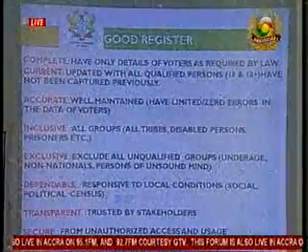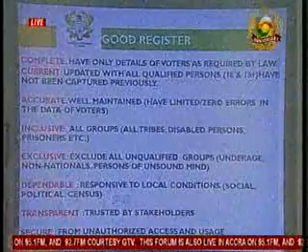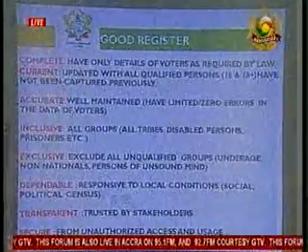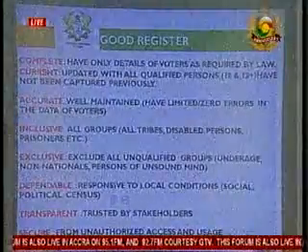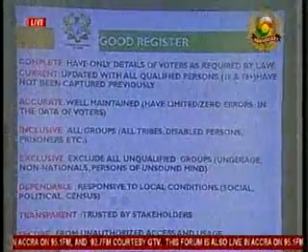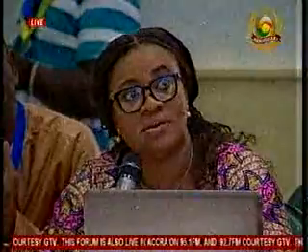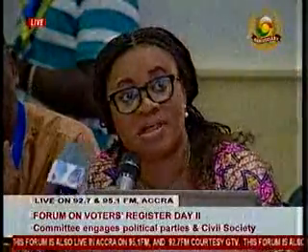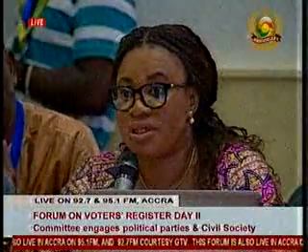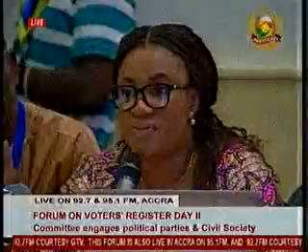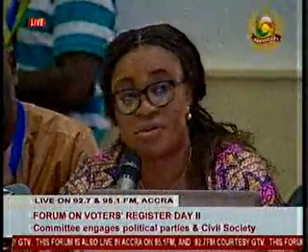Our view is that a good register must have certain features. It must be complete. It must have only the details of the voters as required by law. It must be current. It must be regularly updated so that all qualified persons who have not been previously captured have the opportunity to be captured, because you really do not want to disenfranchise any members of the electorate.